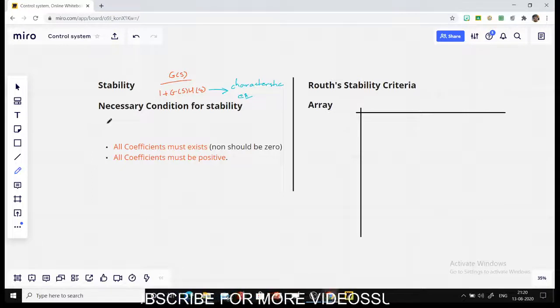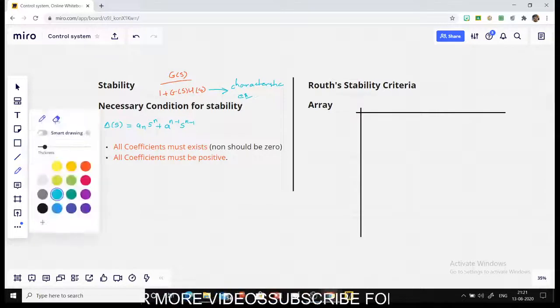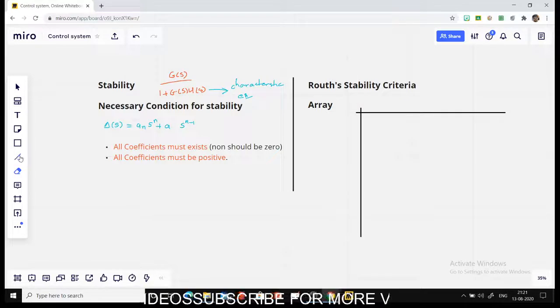Let us assume a characteristic equation delta(s) is equal to a_n s^n, where a_n is my starting coefficient of s, and I am continuing with some unknowns, that is a_(n-1) s^(n-1), plus and so on till a_1 s plus a_0 is equal to 0.